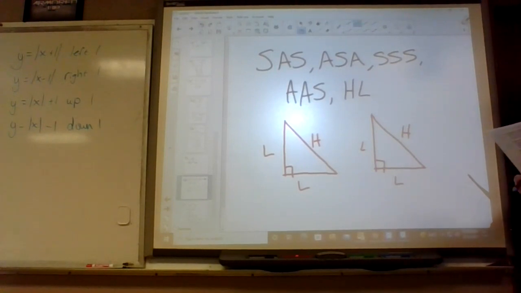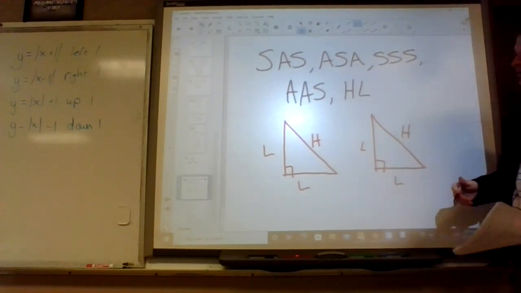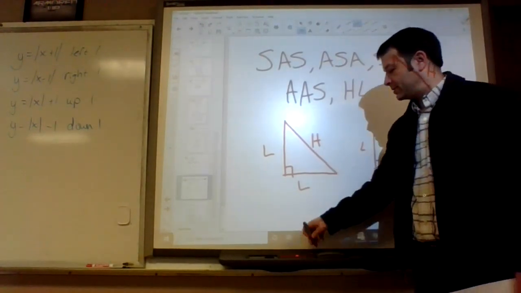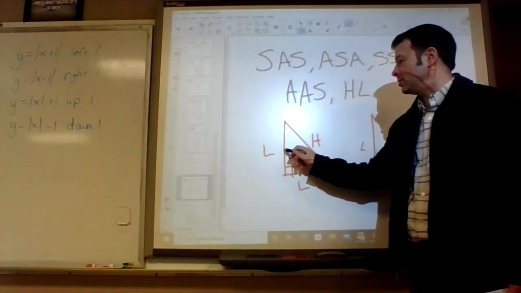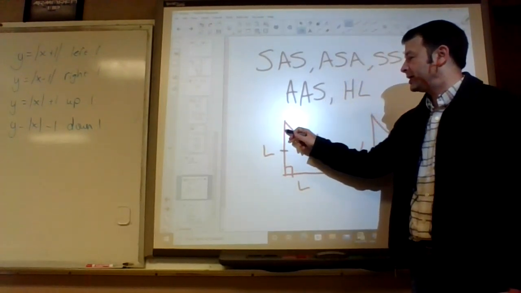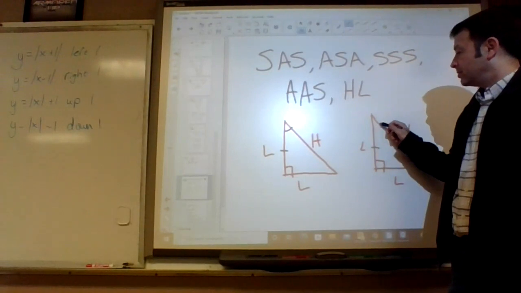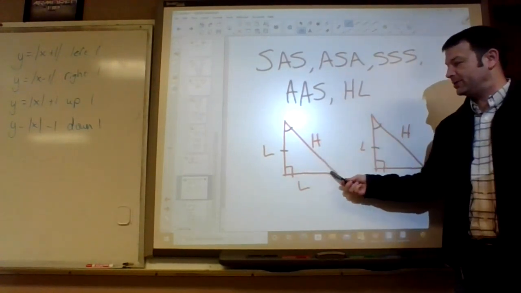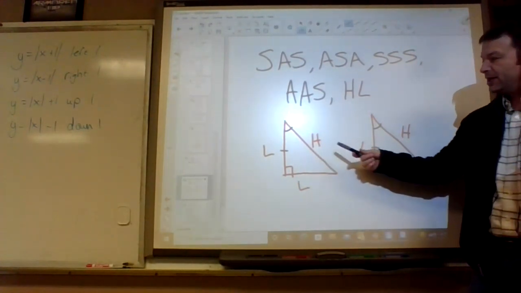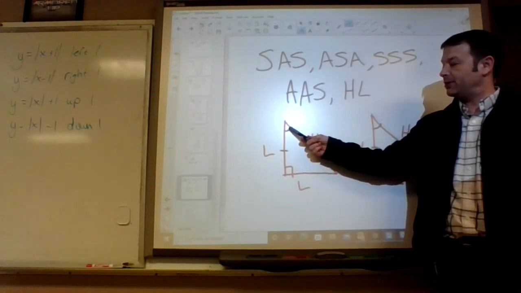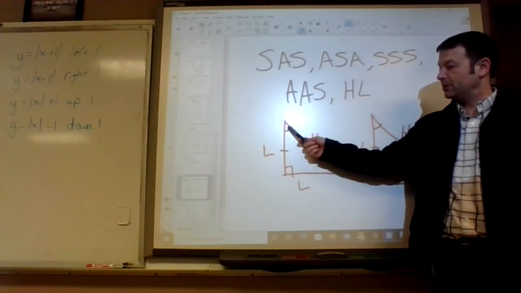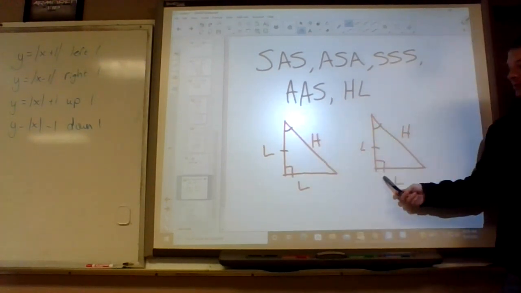Okay. The next one is leg angle. This one's kind of a little bit of a trick because it could be this leg and this angle, or it could be this leg and that angle. So there's a couple different things. If I put this leg and this angle, what do I have here? Angle, side, angle.